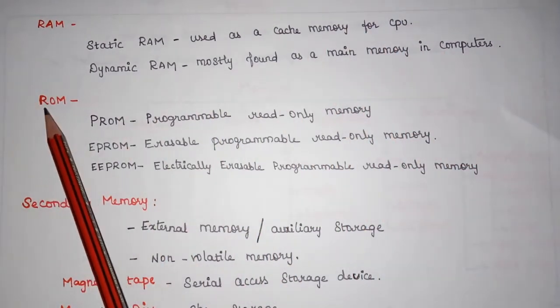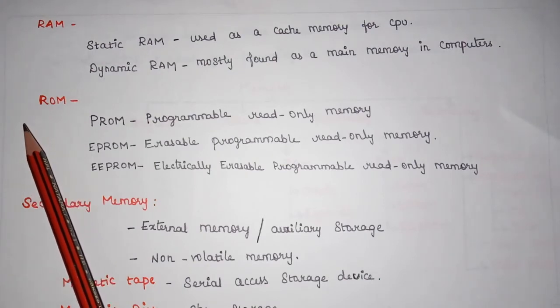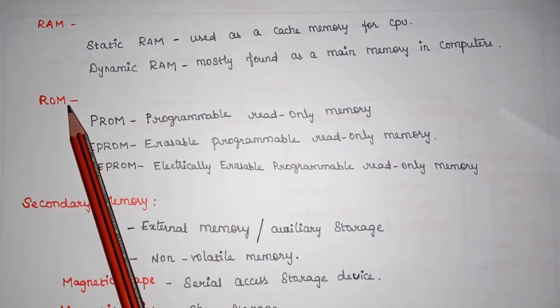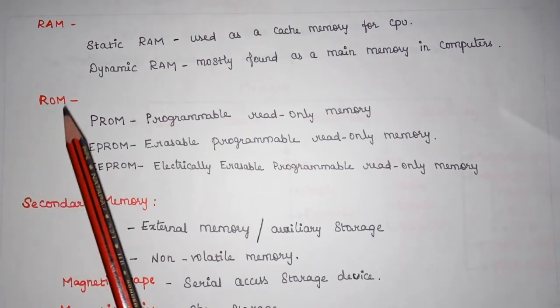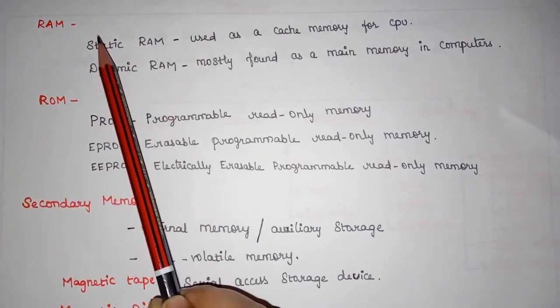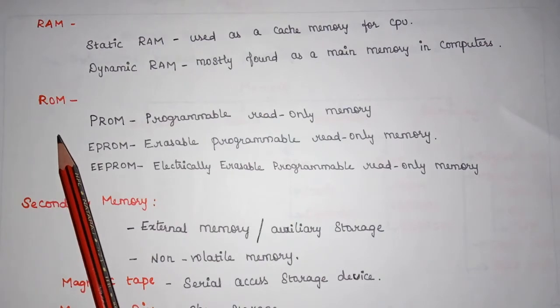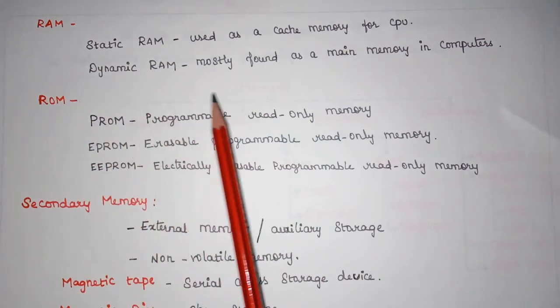Then coming to ROM, which means read-only memory. It is a permanent type of memory. RAM is a temporary memory, but ROM is a permanent type of memory.